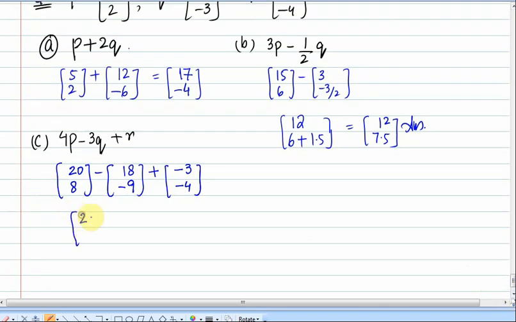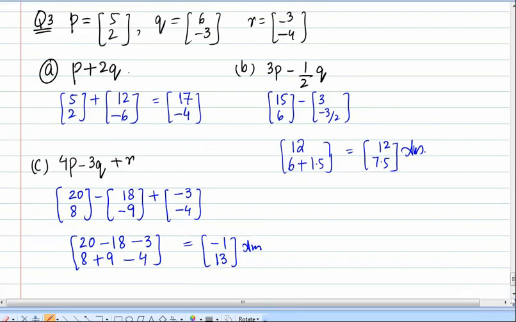So it will be 20 minus 18 minus 3, and 8 plus 9 minus 4. 20 minus 18 is 2, and 2 minus 3 is minus 1. 8 minus 4 is 4, and 4 plus 9 is 13. So that is your answer, right? I hope that was an easy question, and there should not be any confusion in solving such types of questions.